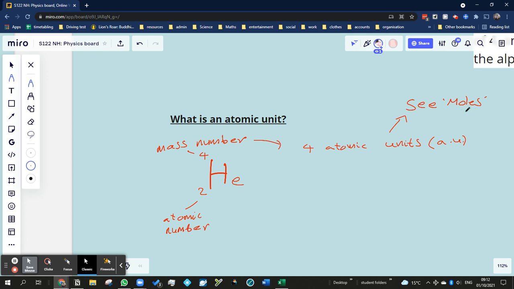So you can imagine it's got something to do with that. But we're not going to go into that right now. We're just going to see what an atomic unit is in terms of other units. Like, how do we also measure mass? Because this is a mass number. Mass is also usually measured in kilograms. So let's find out how much an atomic unit is.